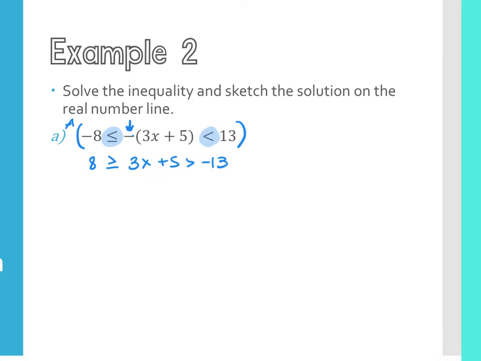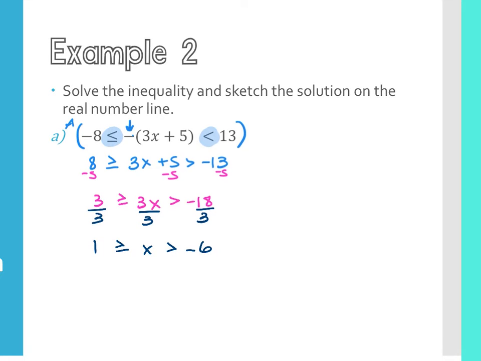Now I want to subtract the 5 from all three parts. I get 3 greater than or equal to 3x, which is greater than -18. Divide by 3, all three parts, and I get 1 greater than or equal to x, greater than -6.